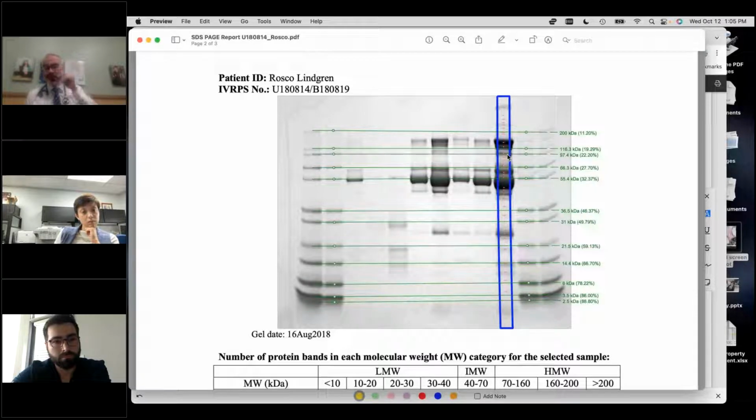Let's look at the database, compare nephrotic versus non-nephrotic patients, and even try to do a control. If we have a nephrotic membranoproliferative GN, let's get a non-nephrotic membranoproliferative GN as its comparison. If we have a nephrotic membranous, let's get a non-nephrotic membranous as its comparison and look to see if their electrophoresis patterns are different.